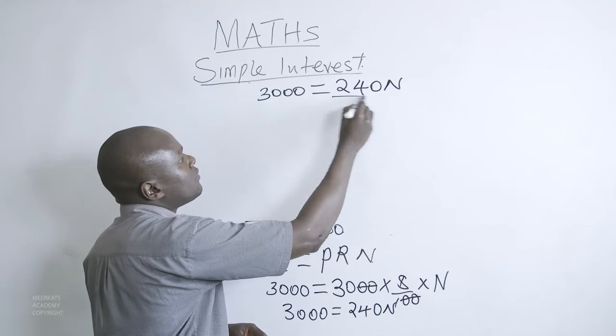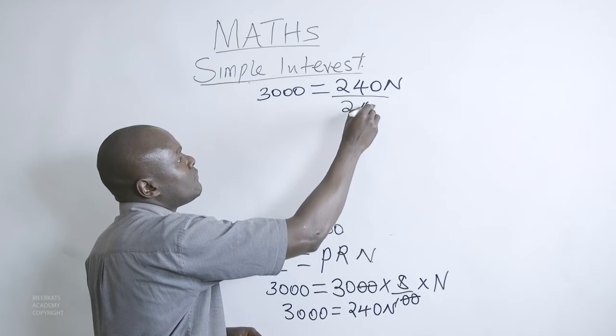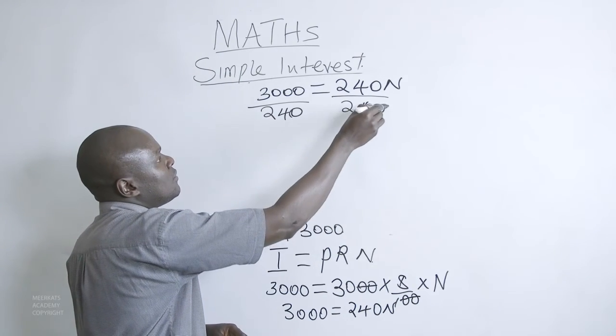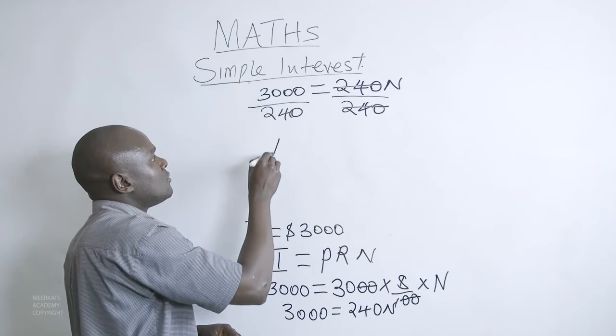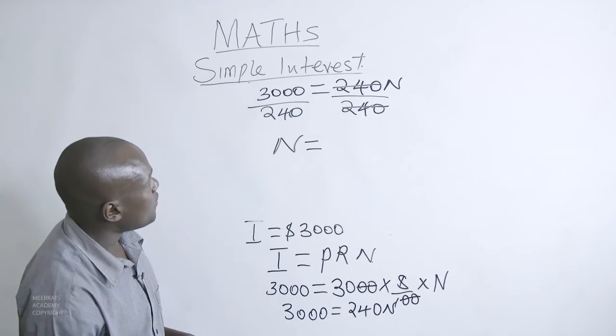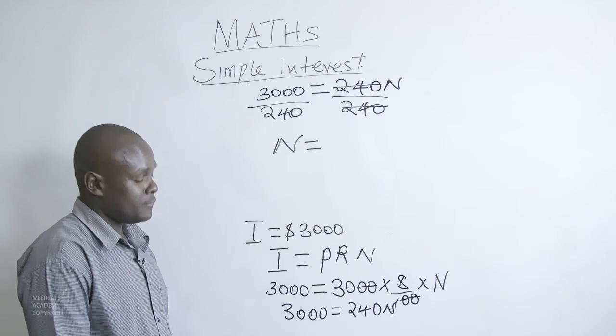For us to get to the period, we divide both sides by 240. This and this one will cancel. So our N will be equal to 3,000 divided by 240.